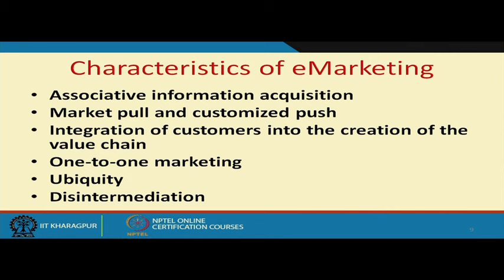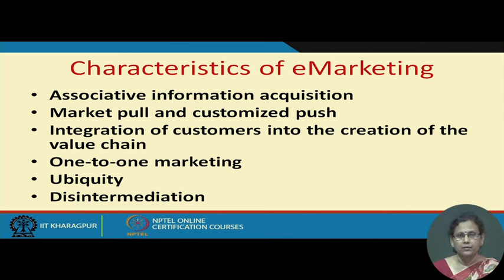Then the next thing is ubiquity. By ubiquity we mean the internet is pervasive; anywhere, anytime, any place you can be in touch with your customer.